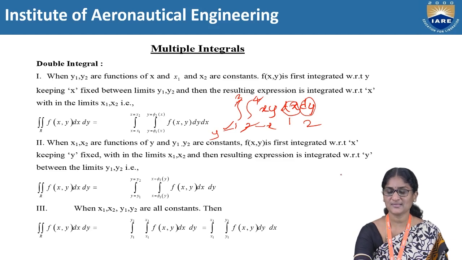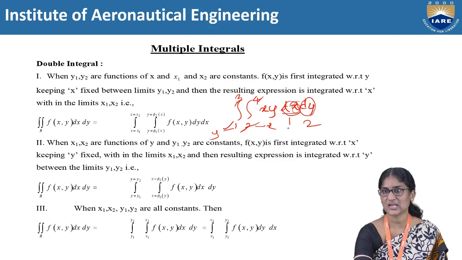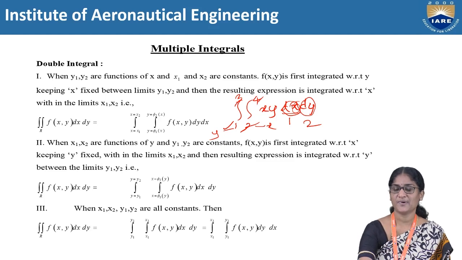Always, if all four are constants, the first pair are the limits for the variable x, which is taken first as dx, and the second pair are the limits for the outer variable, which has dy. Here 1 and 2 are the lower limits and 3 and 4 are the upper limits.